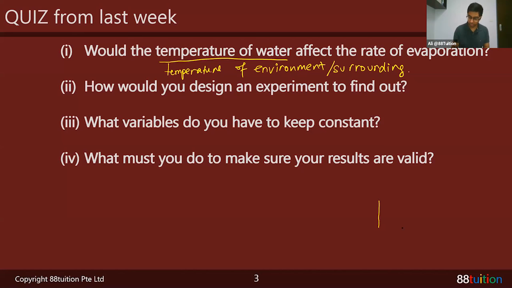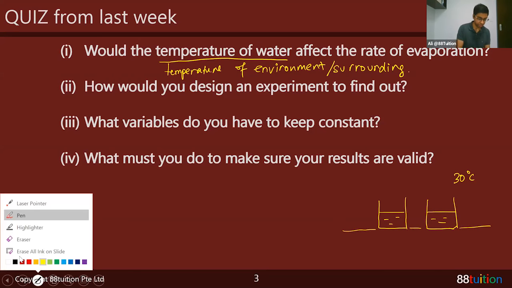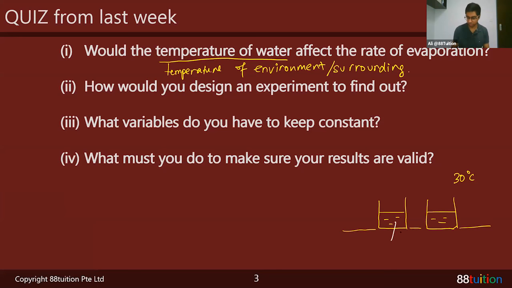Remember, okay, let's do this. I have two beakers. Put the water in. Everything is exactly the same, but the temperature outside is 30 degrees Celsius because they are outside in the same place. But I'm going to change the temperature of the water.